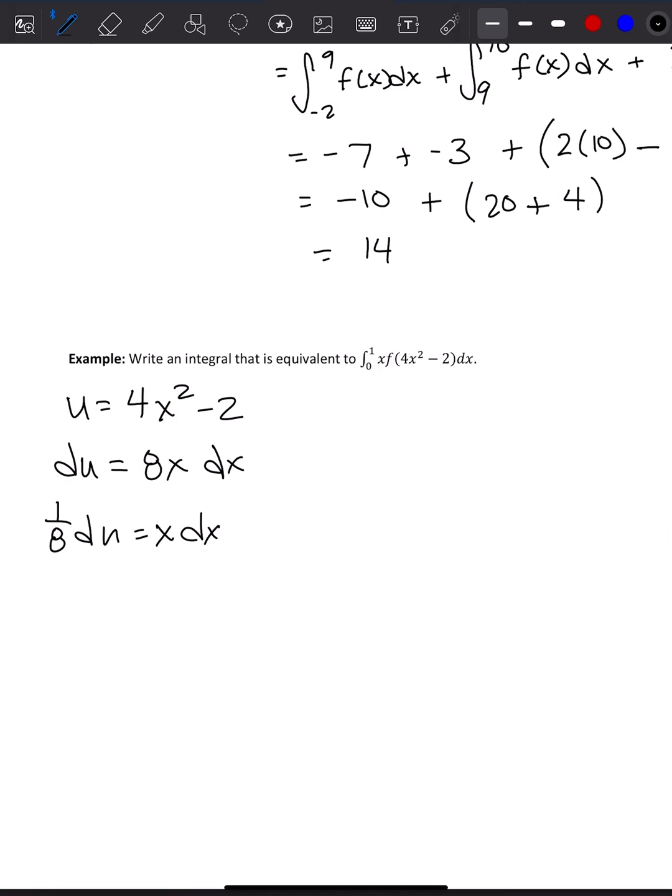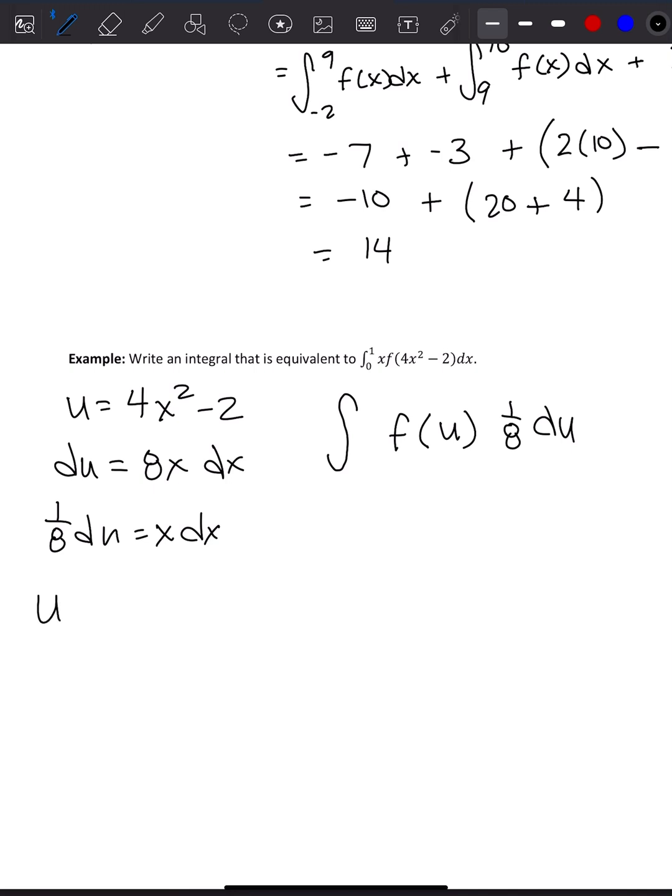So we're going to go ahead and plug what we know in. So I have the integral, and I'm going to leave the bounds for a second. We have f of u. I need a 1/8 in here, du. So before I get too far, I need to do my bounds. So I have our bounds in terms of x, and I need to plug them into our u equation to figure out what they would be in terms of u.